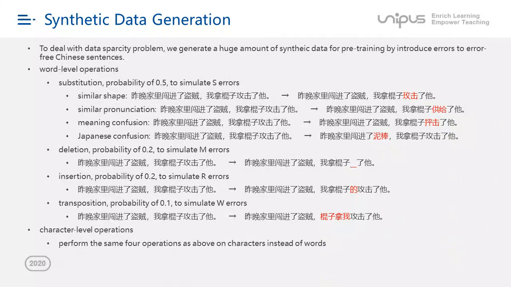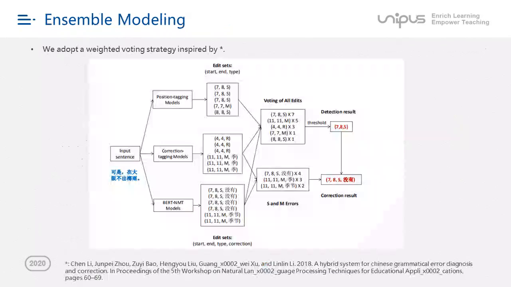And in this slide, we give some examples. And we use a voting strategy to merge the results of different types of models. Our voting strategy is inspired by Alibaba's solution in CGED 2018, and we explain it to you through this picture.